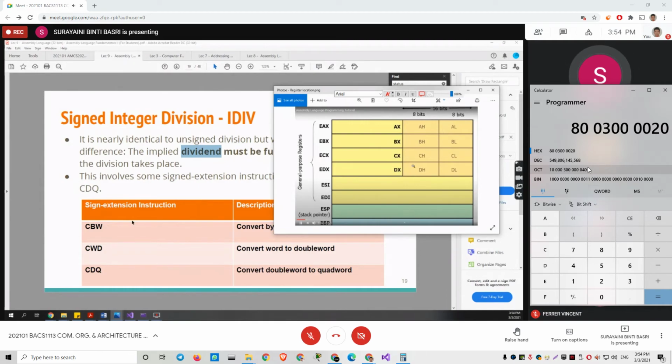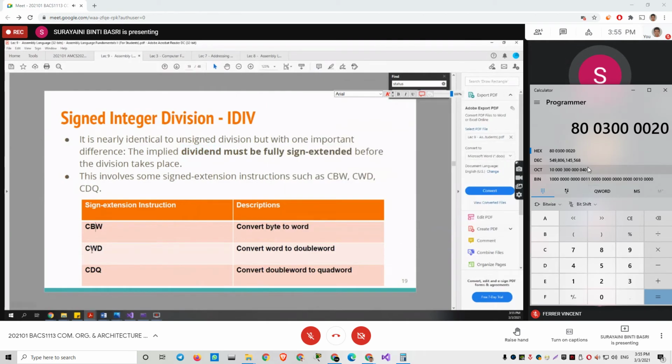Okay, so if you guys remember about CBW, CWD, and then CDQ, these instructions are meant to extend your dividend based on whatever sign your dividend has. So this CBW will convert byte to word. If you want to extend your byte until it becomes 16 bit, which is word, you need to use the CBW instruction.